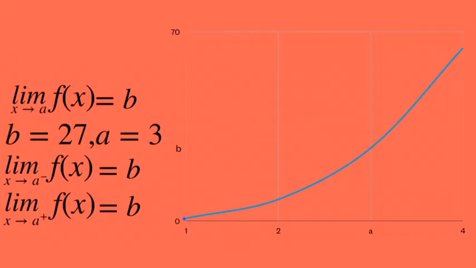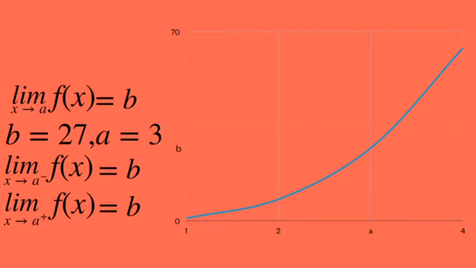The minus is for values less than a, and the plus is for values greater than a. They aren't exponents. In this case, they are equal, and they're equal to b. Since they're equal to b, the two-sided limit also exists.